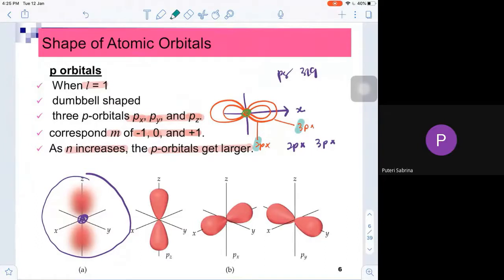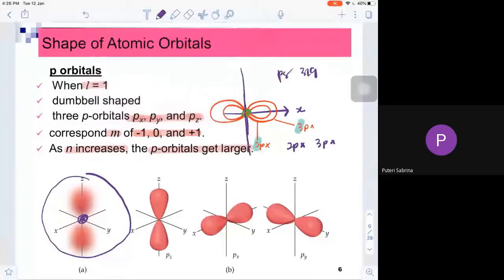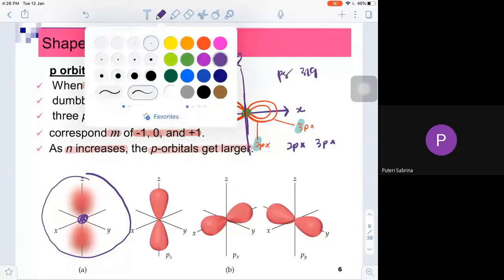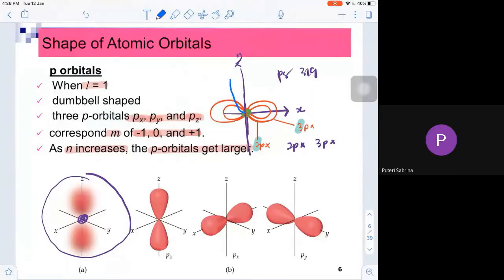What's the difference between these two orbitals is the n value, 2 and 3. If let's say you have to draw 4py, for the py orbital, let's say this is the y-axis, so 4py will be greater than the size of 3p and also 2p, but it lies on the y-axis.